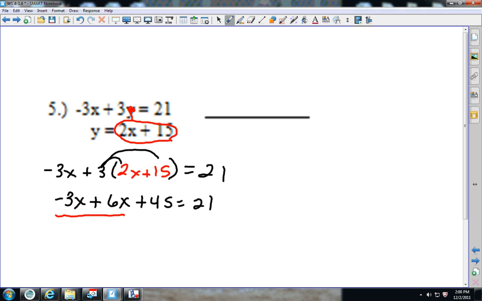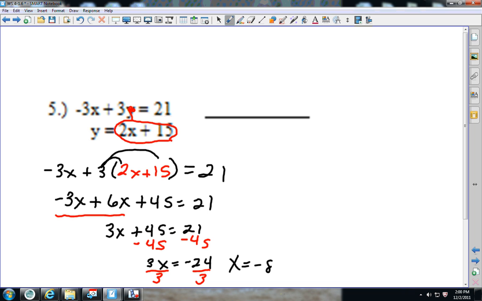Negative 3 plus 6 is 3x plus 45, and that equals 21. Subtract 45 from each side. 3x equals negative 24. Divide by 3. X equals negative 8. So there's half of it.